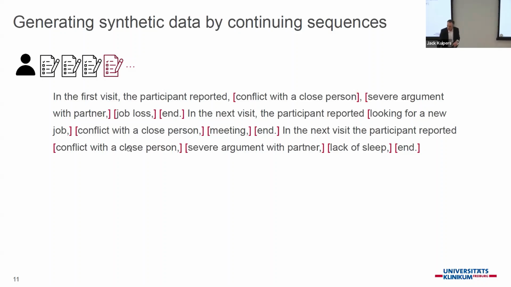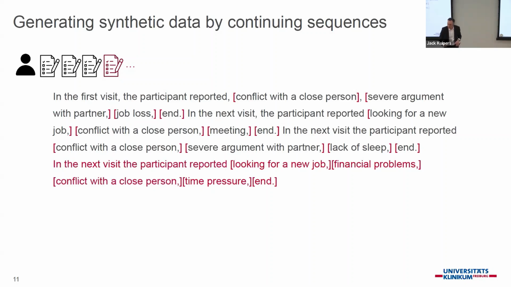Looks rather plausible, and then we can say, once we've trained our model, we can now continue the sequence. And our fit model actually does a decent job. It could learn that, yeah, job loss probably means that you have trouble looking for a new job. You probably run into financial problems. And also the conflicts with a close person maybe continue. I mean, this is not an objective performance evaluation. We also did this.